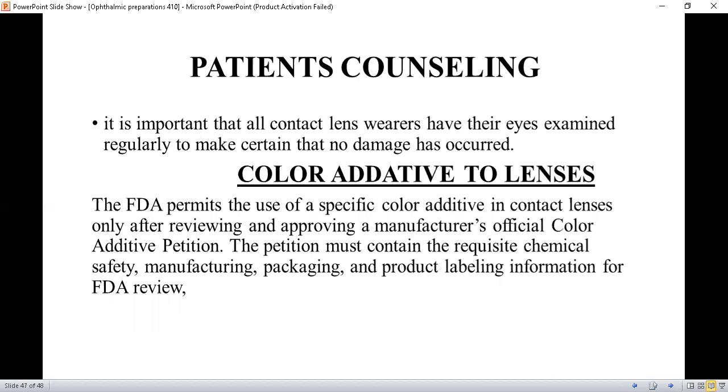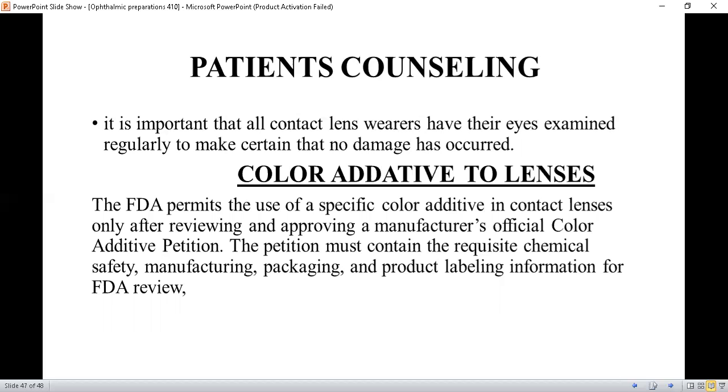It is important that all contact lens wearers have their eyes examined regularly to make certain that no damage has occurred to their eyes. Students, as you have seen, there are different types of lenses available in the market in different colors. About the color of the lens, FDA permits the use of a specific color additive in contact lenses only after reviewing and approving a manufacturer's official color additive petition.